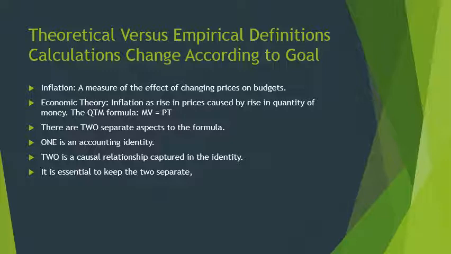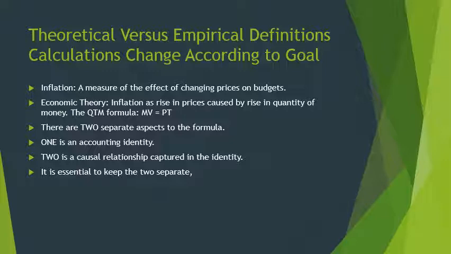The basic starting point of economic theory definitions of inflation comes from the formula which is called the quantity equation or quantity theory of money, and that's very simply summarized as MV equals PT, money times velocity equals price times the number of transactions. There are two aspects to this formula.